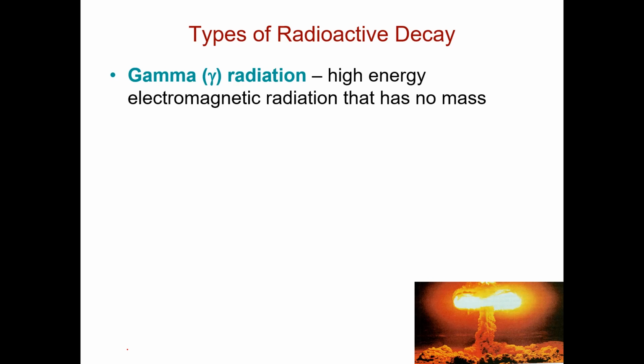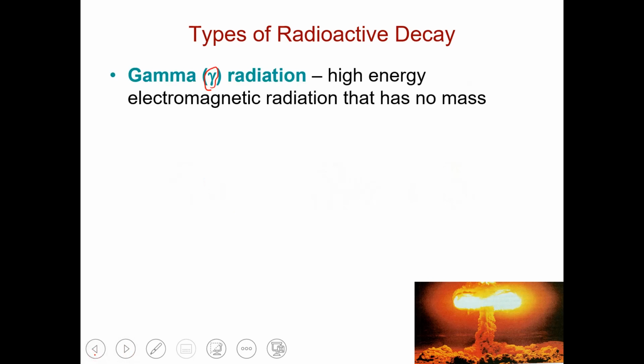So if we think back to the electromagnetic spectrum, if you look at the electromagnetic spectrum in that diagram of the radiation wavelengths, what you'll find is gamma radiation is actually listed on there. Gamma radiation is an electromagnetic wave. It doesn't actually have any mass. And we use the symbol gamma, the Greek letter gamma, to represent gamma radiation.